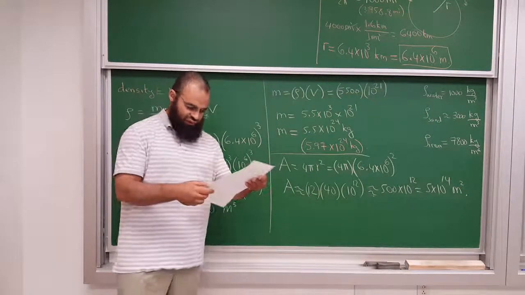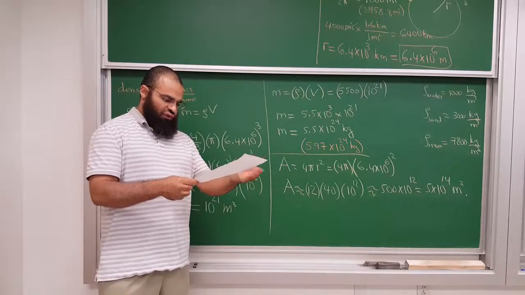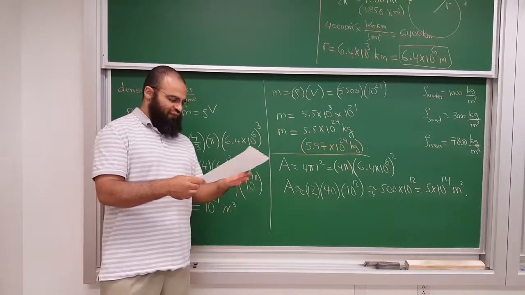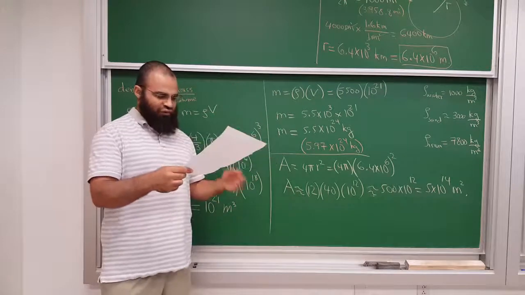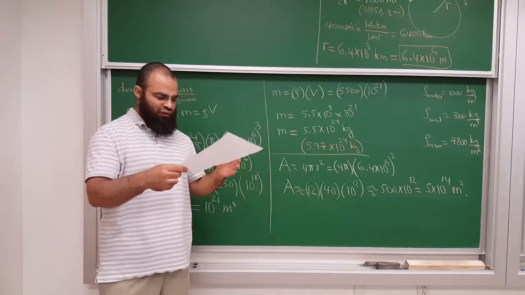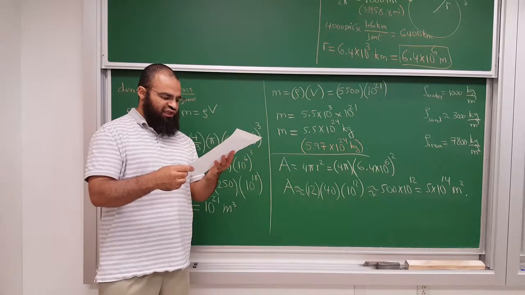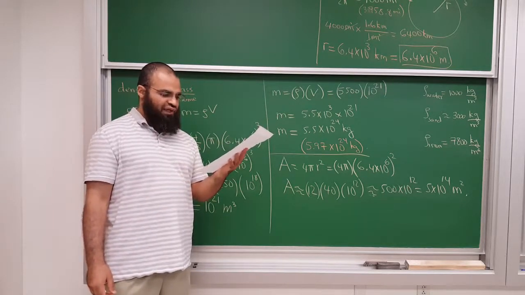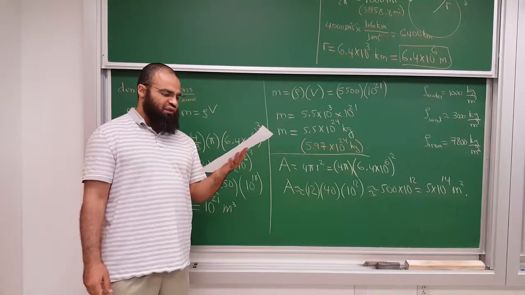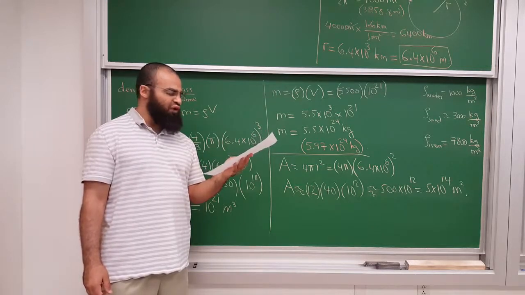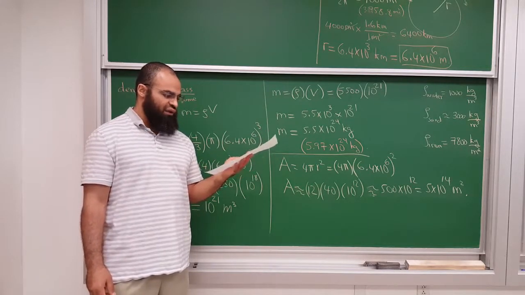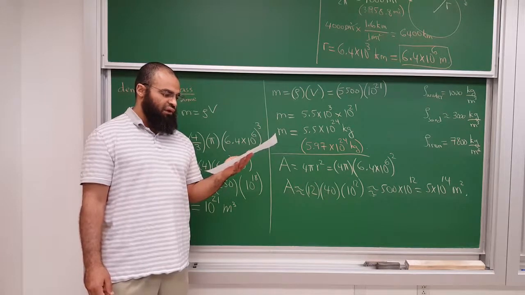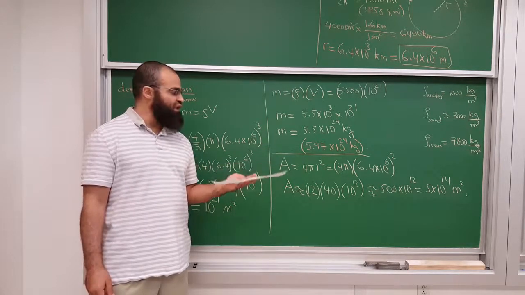If you go on Google and find the total surface area of Earth, including the water on it and everything, it's 196.7 million square miles. That's about 500 times 10 to the 6 square kilometers, which is about 5.04 times 10 to the 14 square meters.